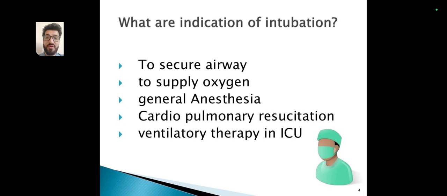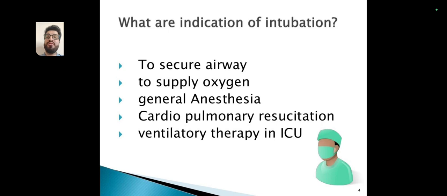So first of all, we all should know what are the indications, or the reasons because of which we need to intubate a patient. Firstly, whenever we need to secure the airway of a patient, at that point of time we need to insert the endotracheal tube.